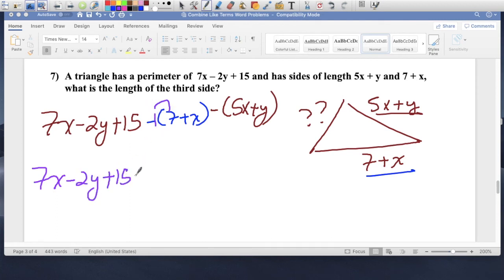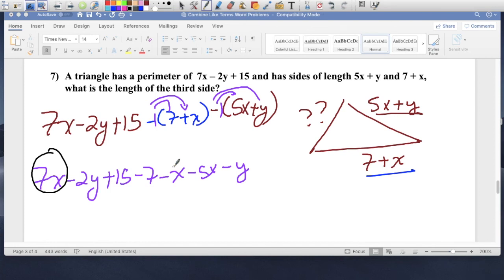Remember, there's a 1 here, minus 7, minus x, minus 5x, and again, put a 1 in there and do the distributive property, and then negative and positive is a negative 1.